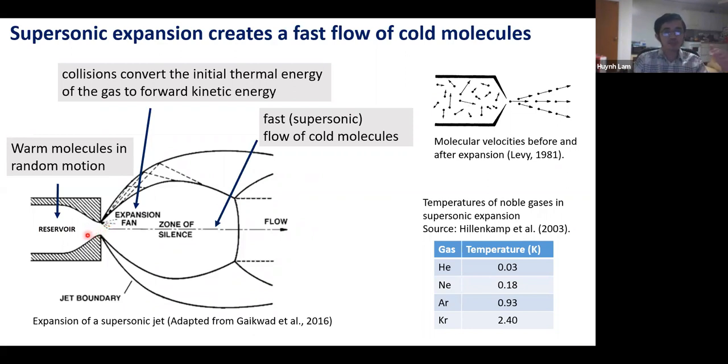So in effusive gas, the design is that there will be no collisions when the gas goes into the vacuum. So there will be basically no cooling there, and the gas will be much hotter in that case.